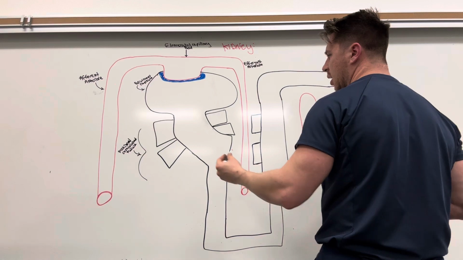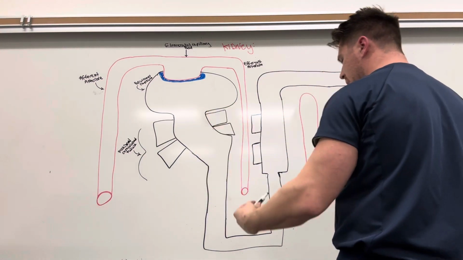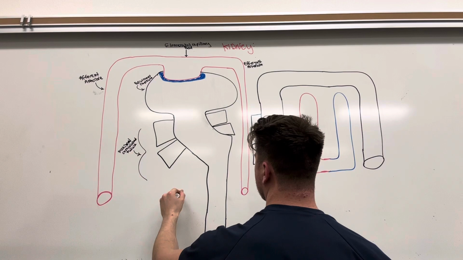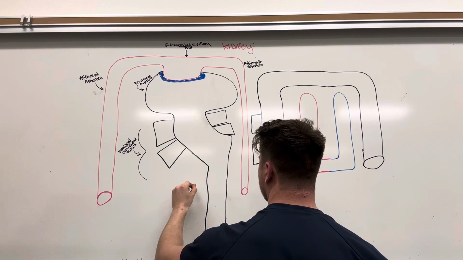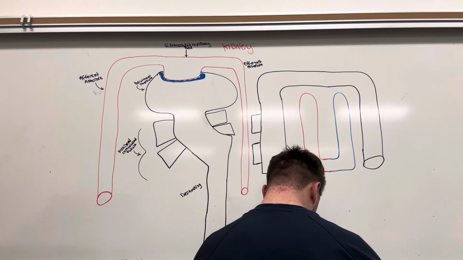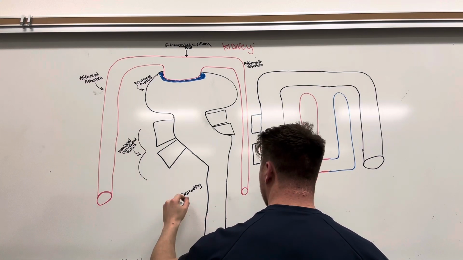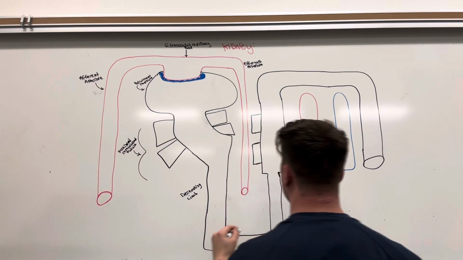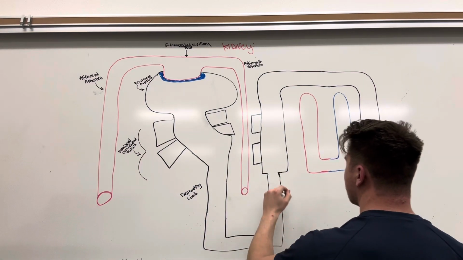Okay, then this would be the descending tubule. We call it the descending limb. And this part here is the ascending limb.